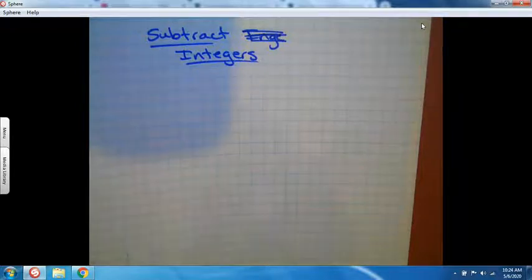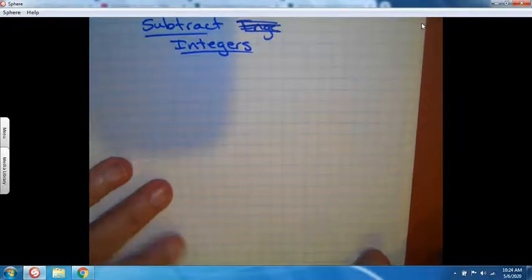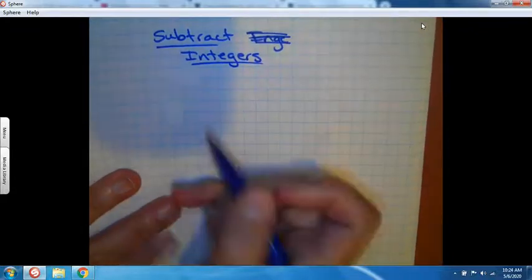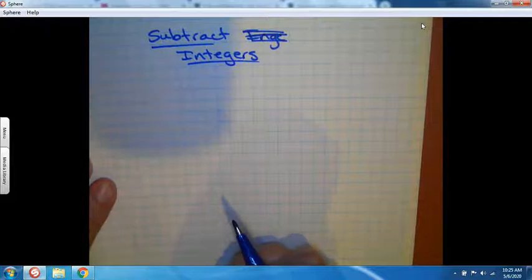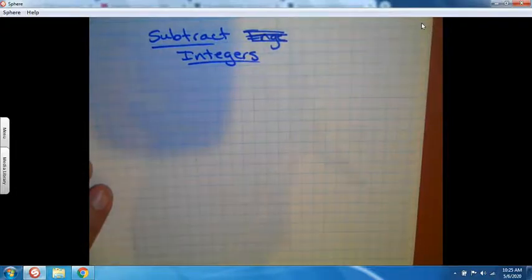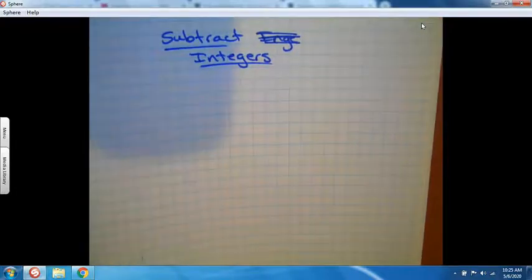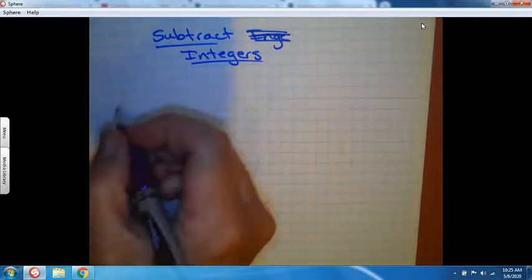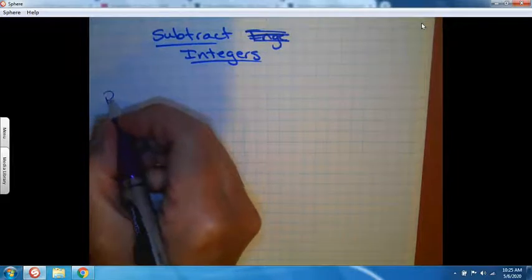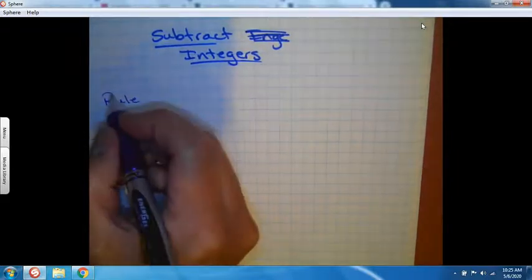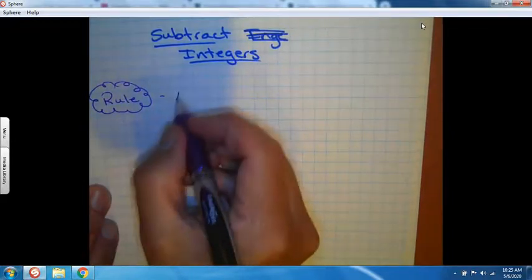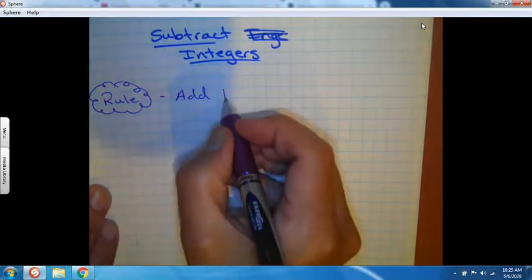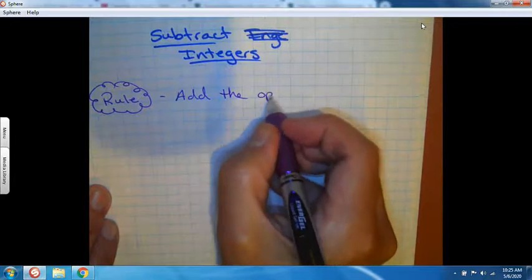It's very quick. Okay, so subtracting integers, we hate to subtract, so we're going to add. So for example, well, let me give you the rule first. The rule is, I'm going to just give it to you, believe it or not. The rule is to add the opposite.